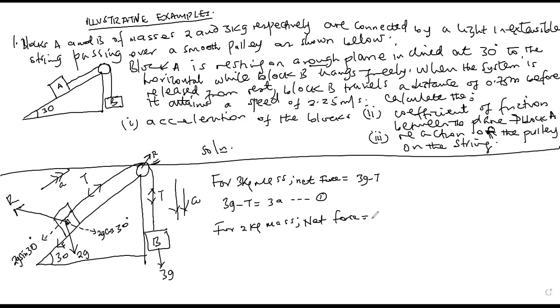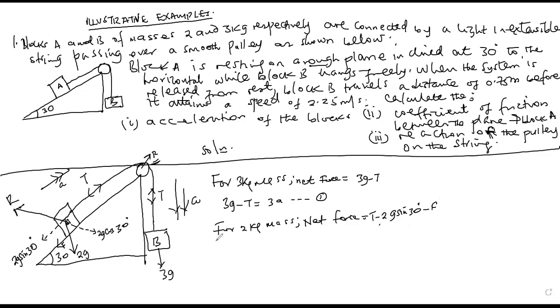So it is going to be T minus 2g sin 30 minus F. Remember, you would have added them, but we are subtracting.